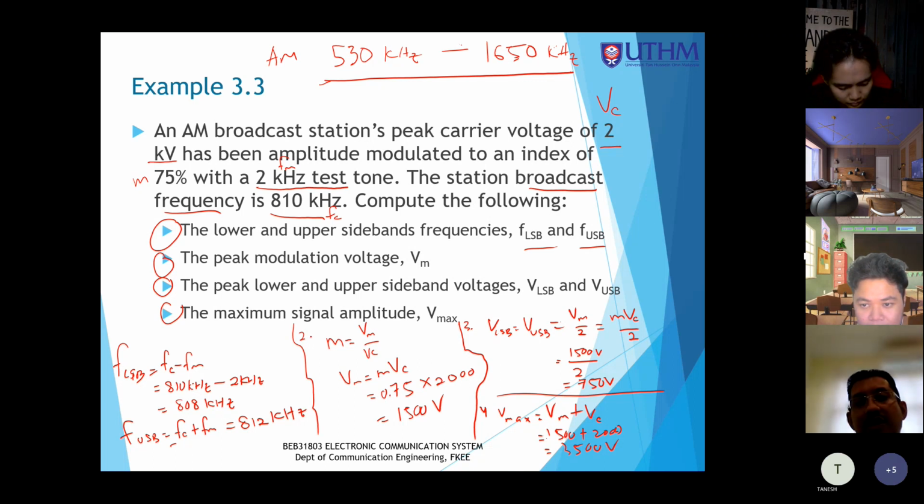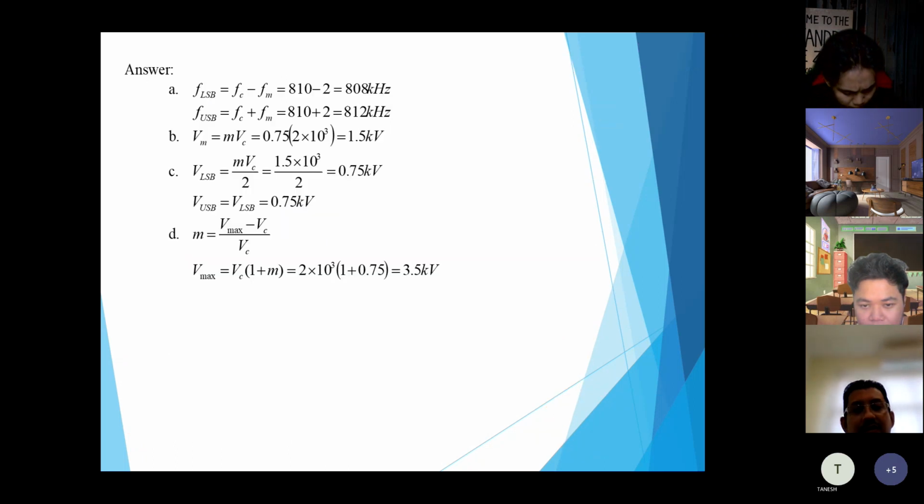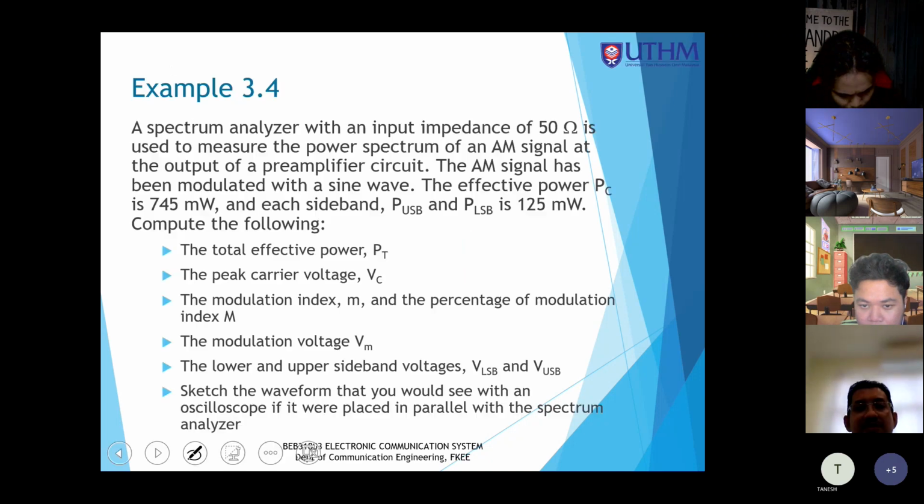Kalau tak ada soalan, soalan ini dia very straightforward. Lah, dah ada jawapan dah. Okay, penat saya tulis dah ada jawapan dia. Saya pun tak perasan ada jawapan, so tak apalah. Okay, the next example 3.4. Ini ada jawapan tak? Ni pun ada jawapan. Okay.